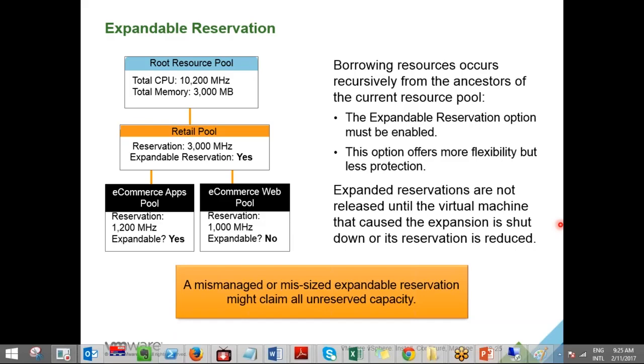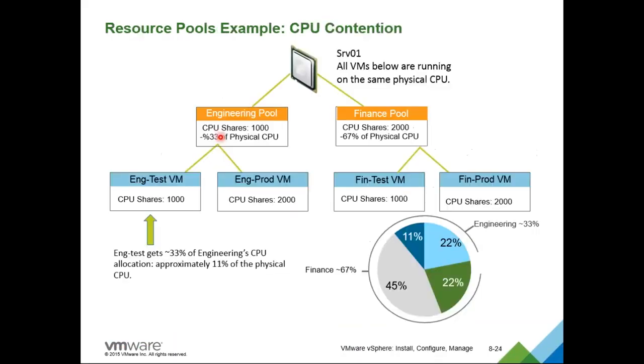Why? Because if you go back to your CPU shares here, if you enable the CPU expandable reservation and here also you enable the expandable reservation, so both pools, when they cross the 67% on your finance and cross the 33% of your engineering pools, this host should have sufficient resource available while enabling the expandable reservation policy.